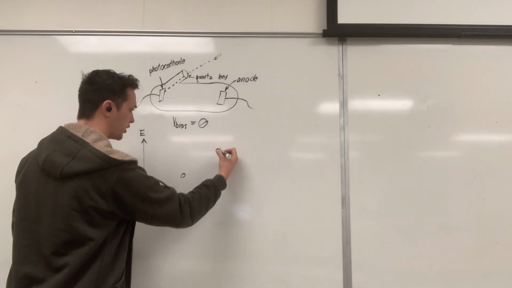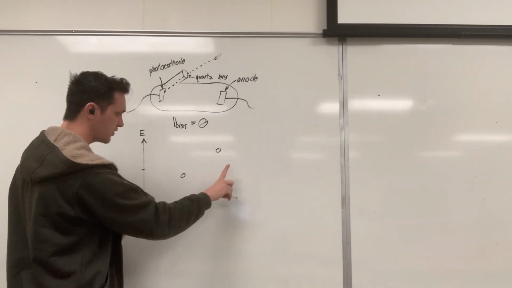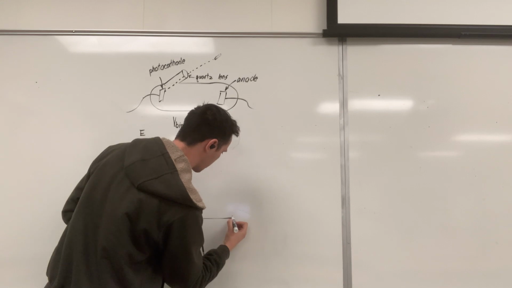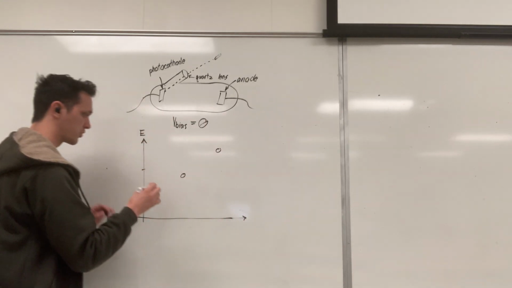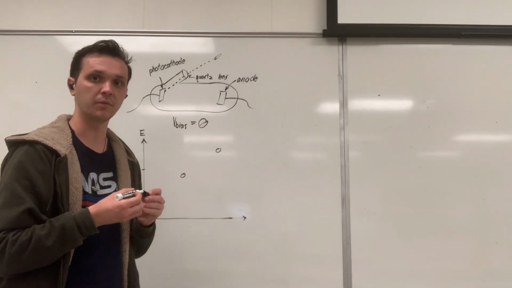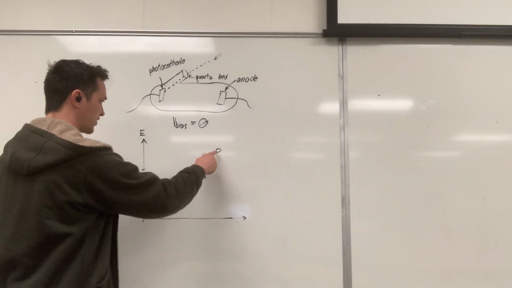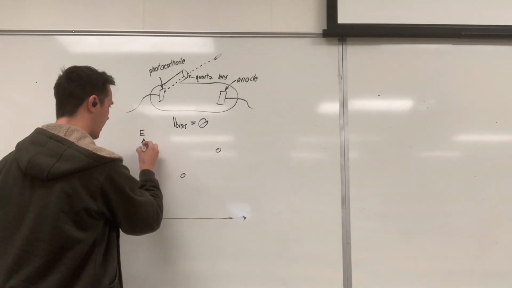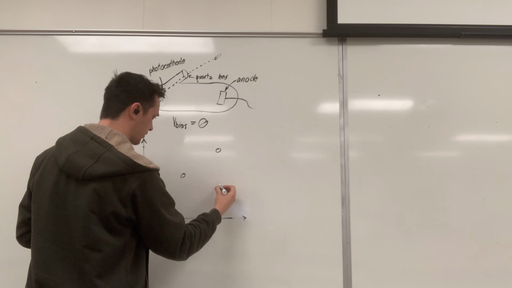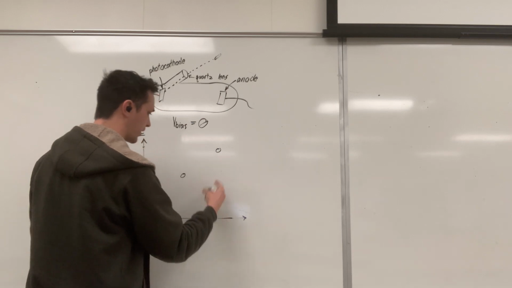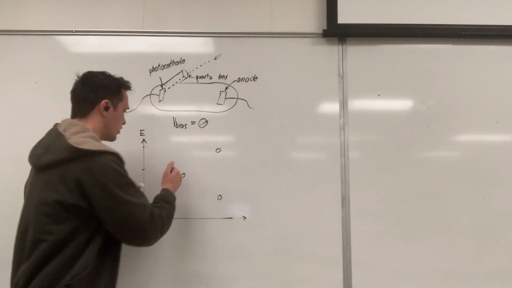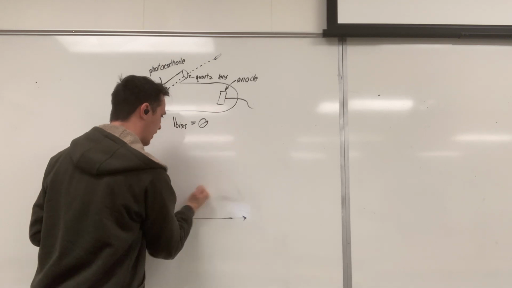An electron over here is at a different position in the lattice. So my x-axis is almost going to tell me where I'm at on the plate. So this electron is at a different position, but it has a higher energy. And this one is maybe at roughly the same position, but has a lower energy. Okay.